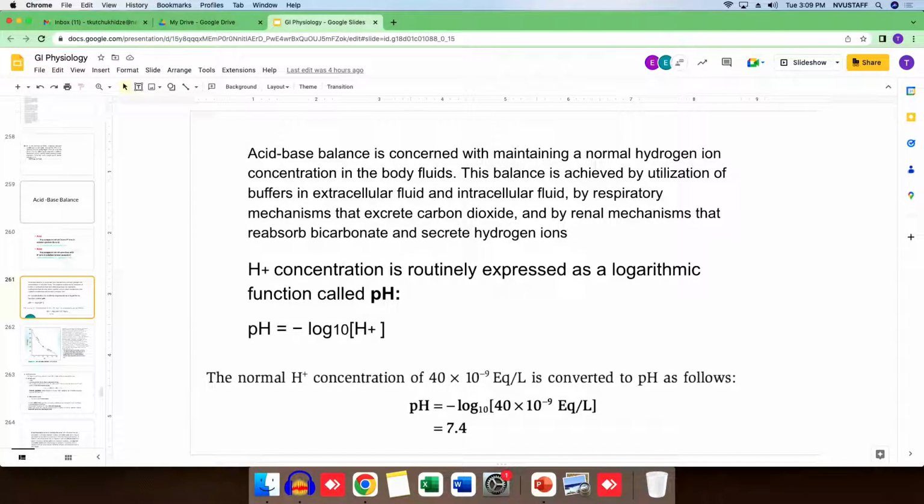It is expressed through the logarithm like that. So mathematically, it will be correct to write it like this, right? The normal concentration of the ions is like 40 multiplied by 10 to the minus 9, and if we put that in the logarithm equation, we get a pH of 7.4, and that's why our normal blood pH is around 7.4, depending on the amount of hydrogen ions there. Is this part clear? Do you have any questions till here?